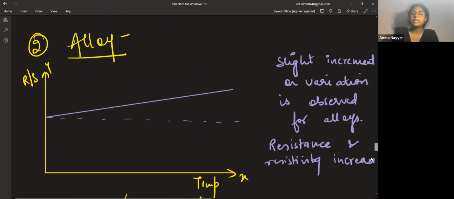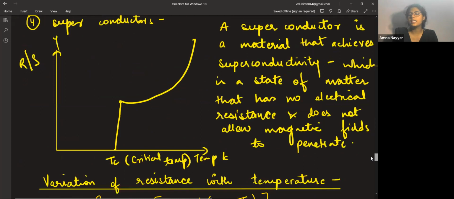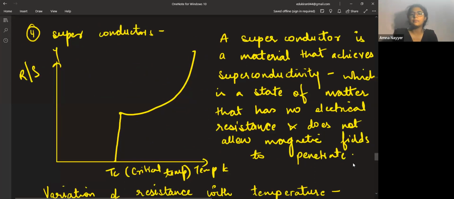Now, see, last is superconductors. Superconductors are not very important from your examination perspective, but you should have an idea just in case in your MCQs, the first section A that you have, superconductors can be asked. These are materials that have a particular temperature, which we call the critical temperature.